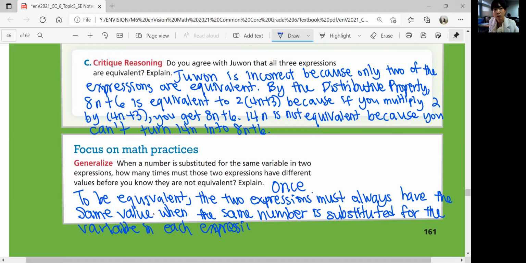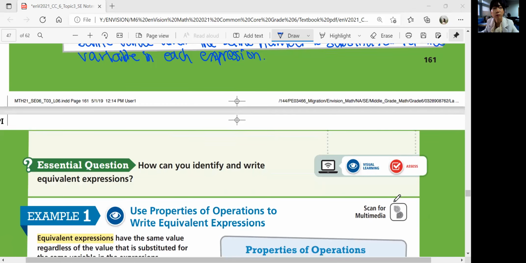Okay. So the same expression should always give you the same value when the same number is substituted for the variable. All right, that is the equivalent expression.